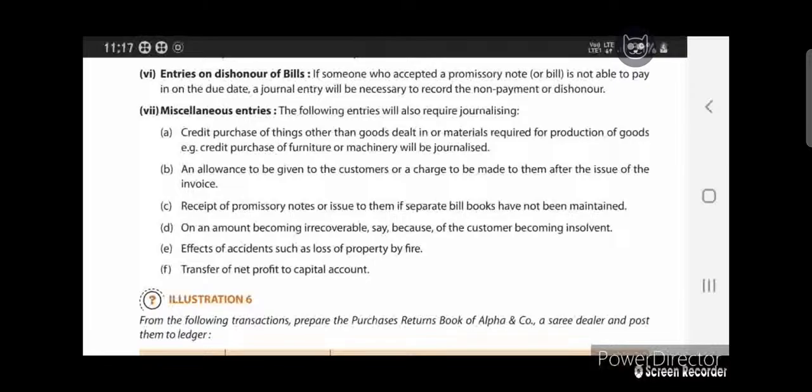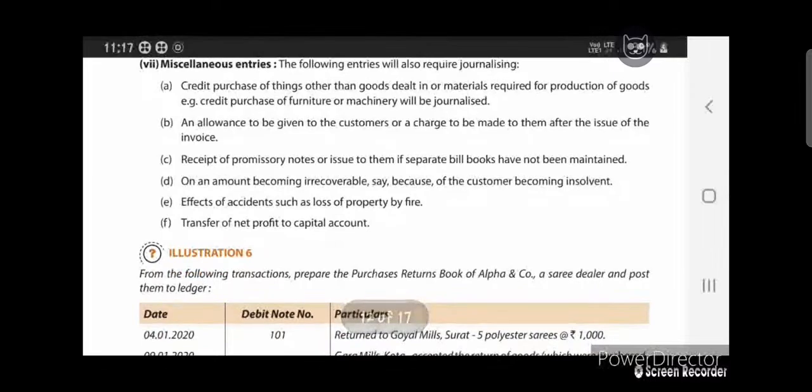So if a company wants to give money to your company but is not able to pay on the due date that you have given them, a general entry will be very much necessary so that you can record all the non-payments or dishonors by them.